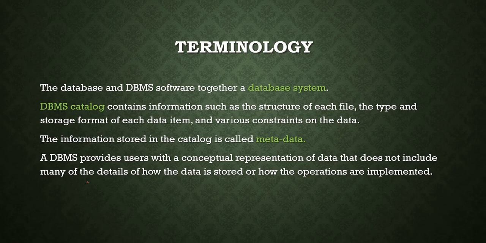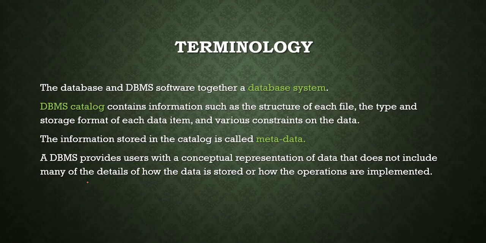And what is a database system? The database and the DBMS software together is called as database system. However, a database system does not only contain a database, it also contains definitions or descriptions about the data that is stored in the databases and the structure of the data.